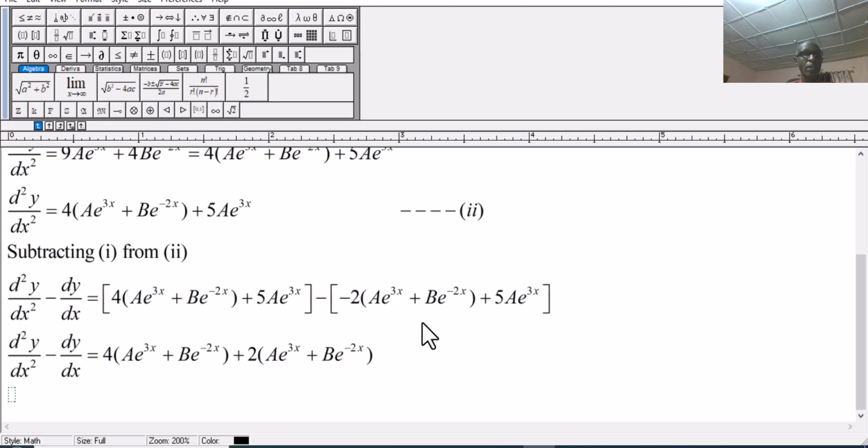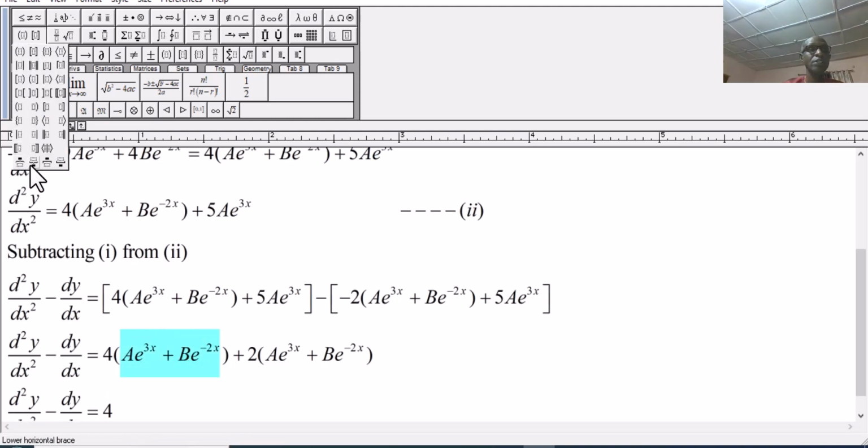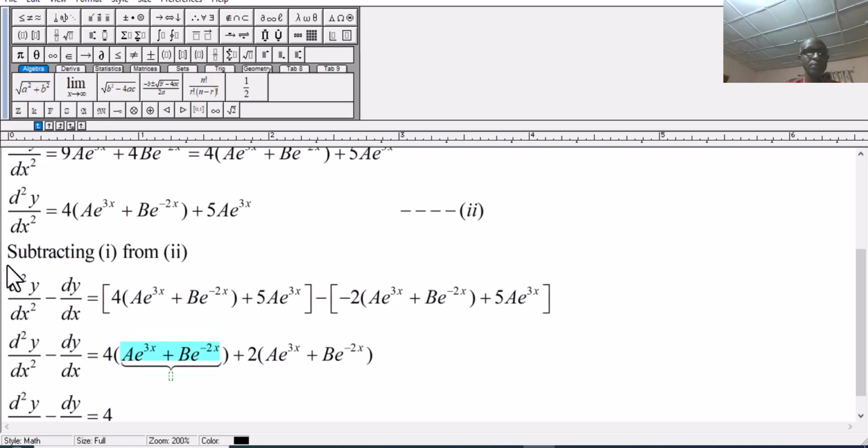This is equal to 4 times this bracket, and remember, this is our y.